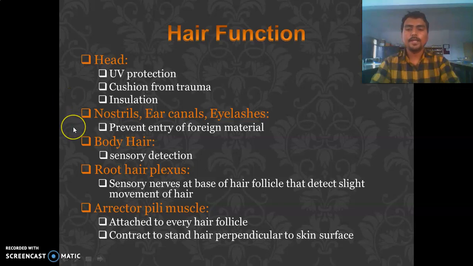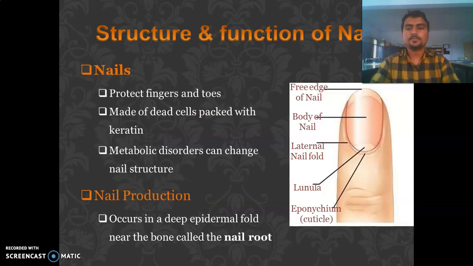The root hair plexus has sensory nerves at the base of hair follicles that detect slight movement of the hair, and the erector pili muscles are attached to every hair follicle, and they contract to make the hair stand perpendicular to the skin surface.